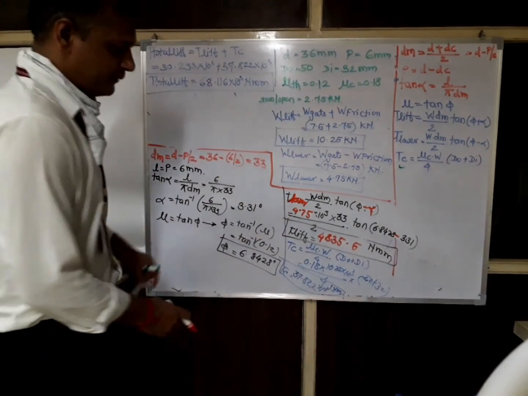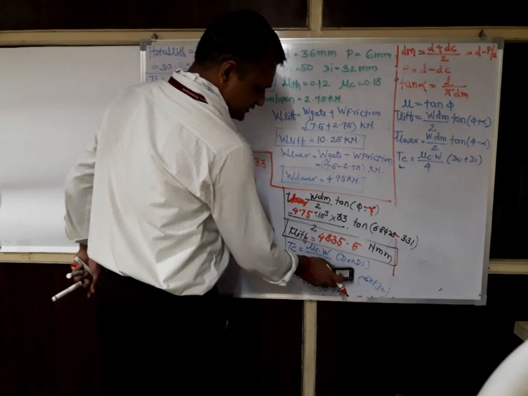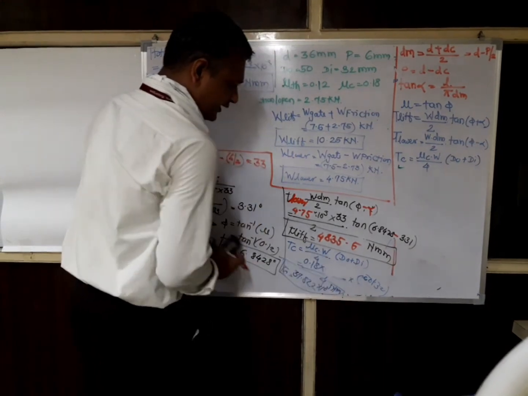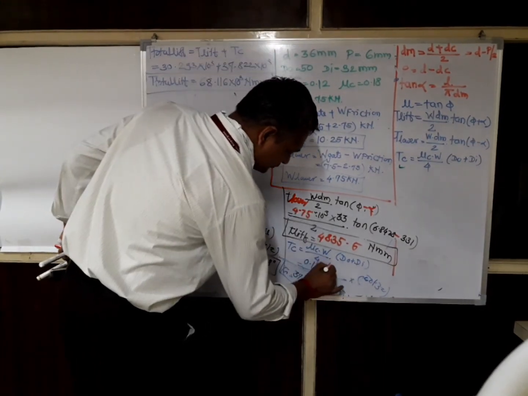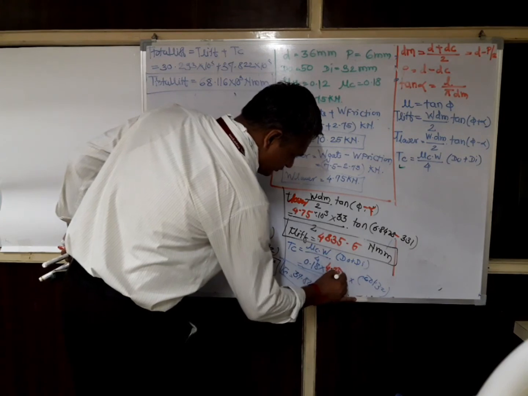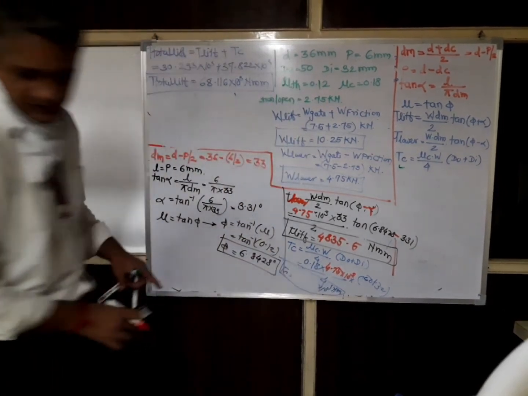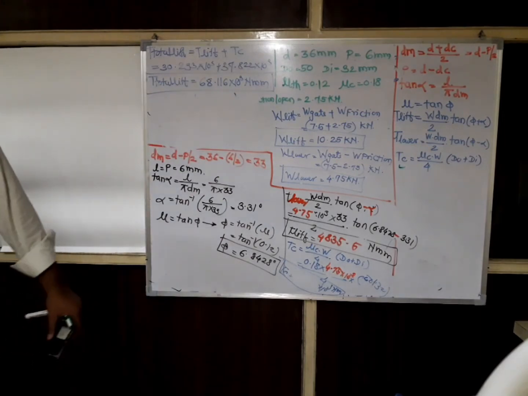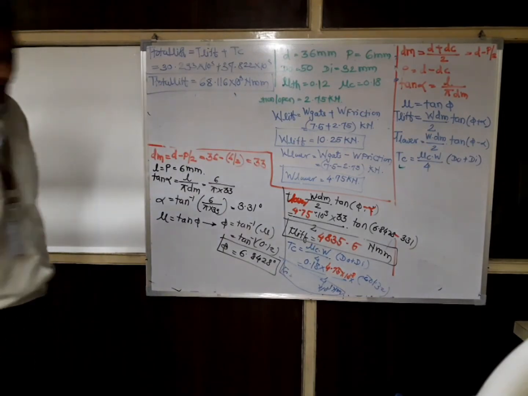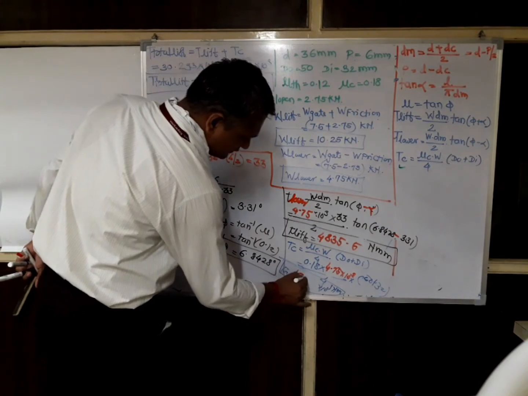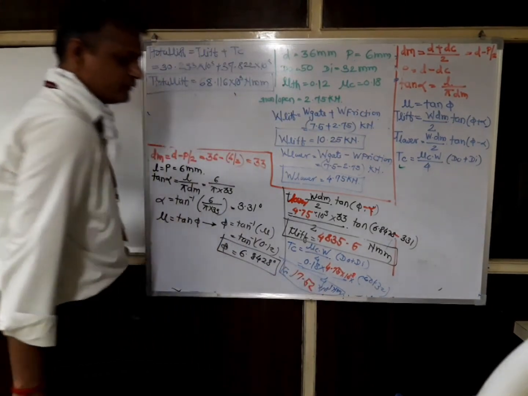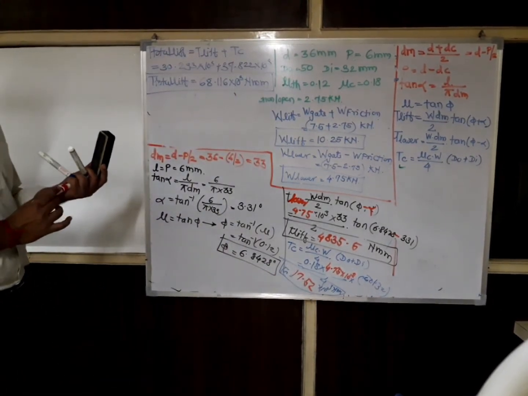Then evaluate the collar friction torque. Here also your load value will get changed, that is 4.75 into 10 raised to 3. That value will be equal to 17.52 into 10 raised to 3.